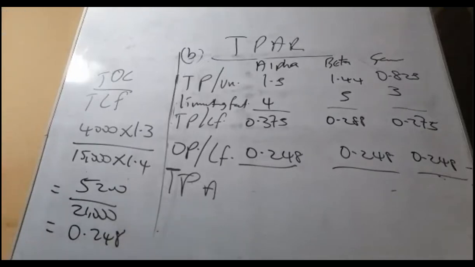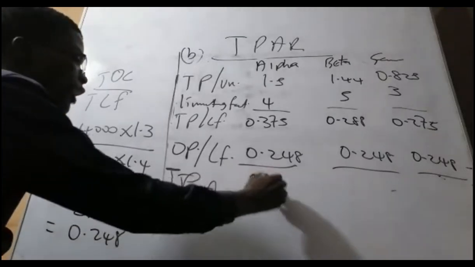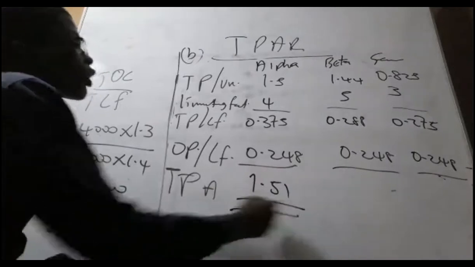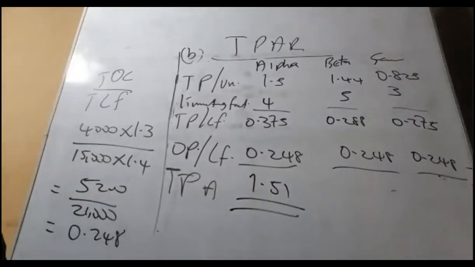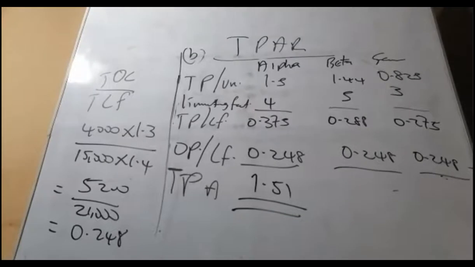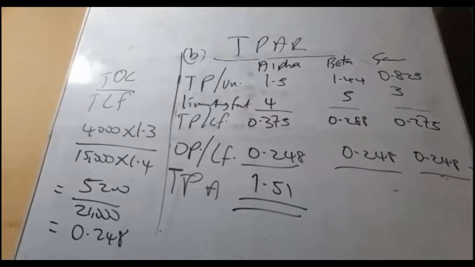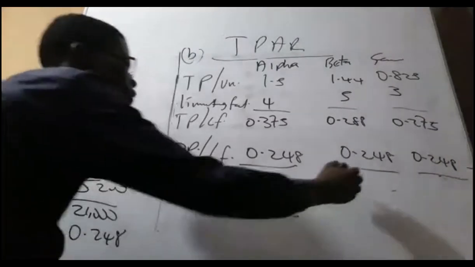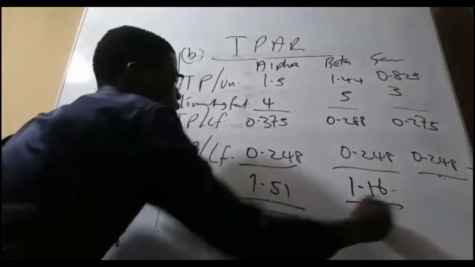The first gives 1.51. Then 0.288 divided by 0.248 is 1.16.